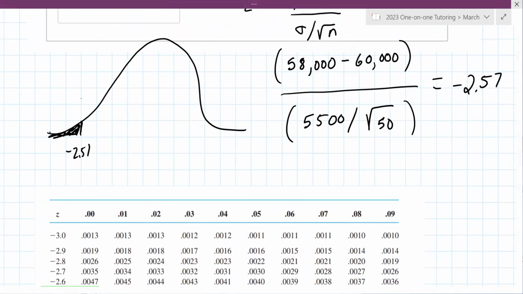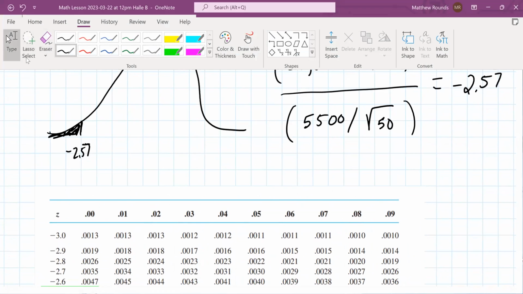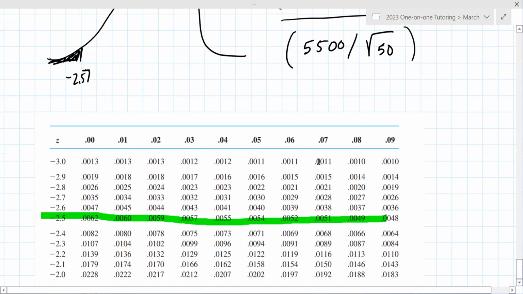Then you go to the top and you look for that next decimal place, 57. So in your problem, that corresponds to minus 2.57 there. So first go to the row, then go to the column. So your answer is 0.0, okay, so 0.005.